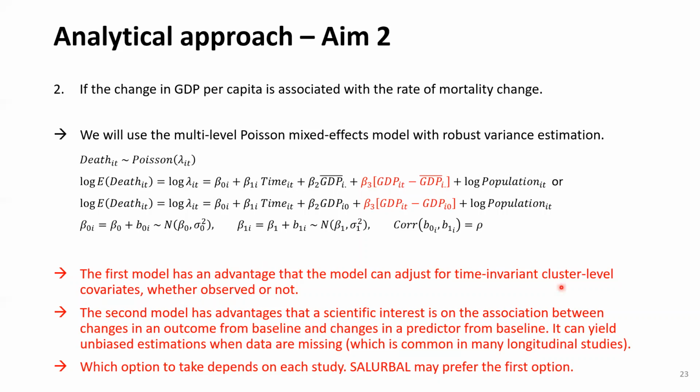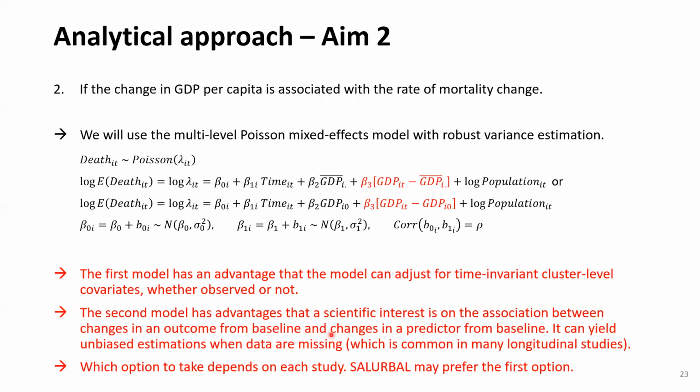So we may not have some data, but using this model, we can adjust not only for observed covariates, which we include in the model, but also for unobserved covariates if they are time invariant and cluster level. So this is a good advantage.